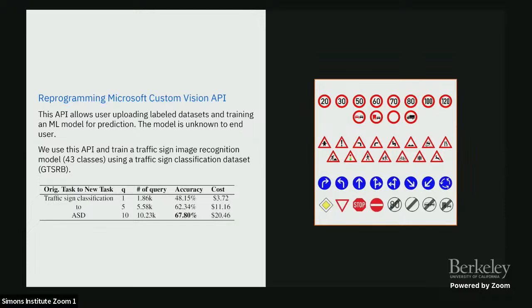In this case, we can also reprogram this API to do ASD classification. If you spend about $20, you can get ASD classified with about 67.8% accuracy, which is a very cost-effective solution to use state-of-the-art models for solving your difficult problems at hand.